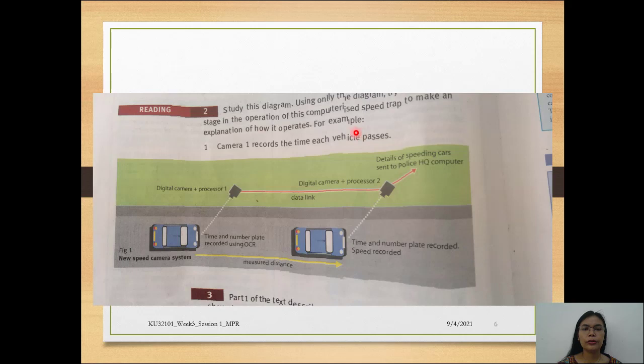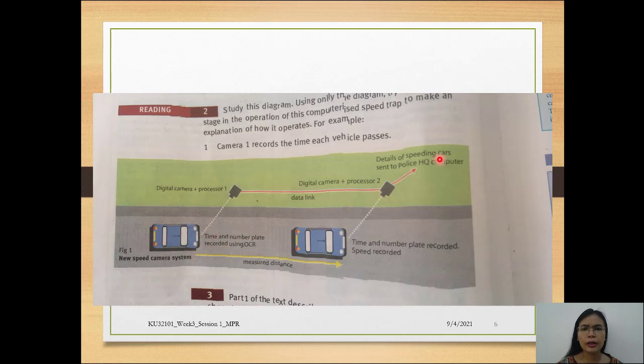Okay, so now we'll move on to the reading, which is about computer application. As you can see over here, there's a picture about how data is being transferred from the speeding, what do you call this one? A digital camera.